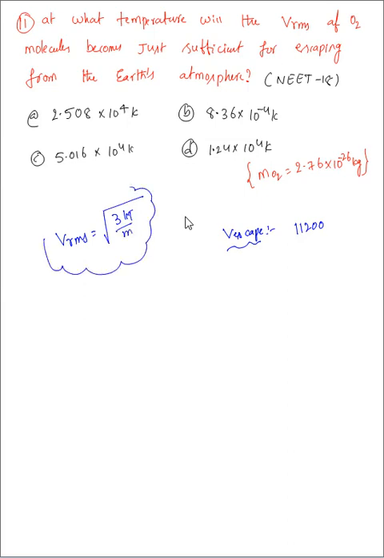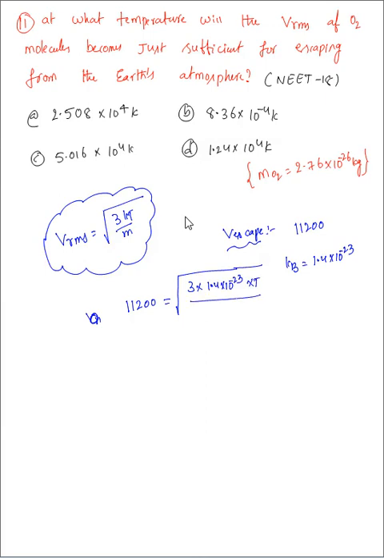In place of V_RMS we substitute the escape velocity. 11200 equals under root 3 into the Boltzmann constant, which is 1.4 into 10 raised to minus 23, into temperature T, divided by the mass, 2.76 into 10 raised to minus 26.